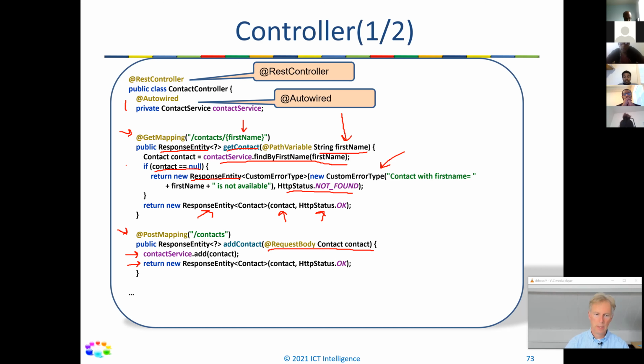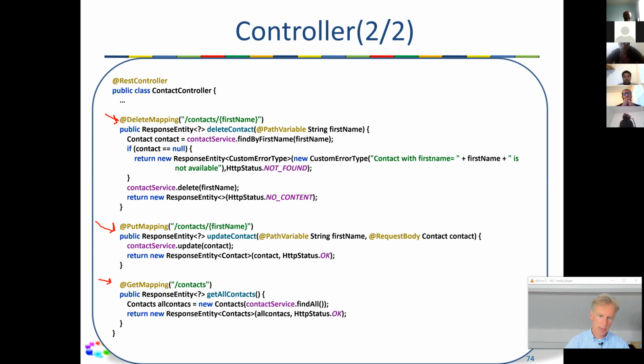And in the same way, I make a put mapping. It works exactly the same here. Only with put mapping, the best practice is that you also give the first name as a sort of key, and you put the contact in the body.